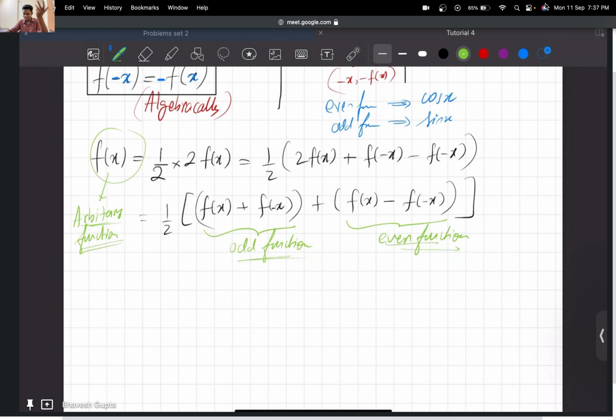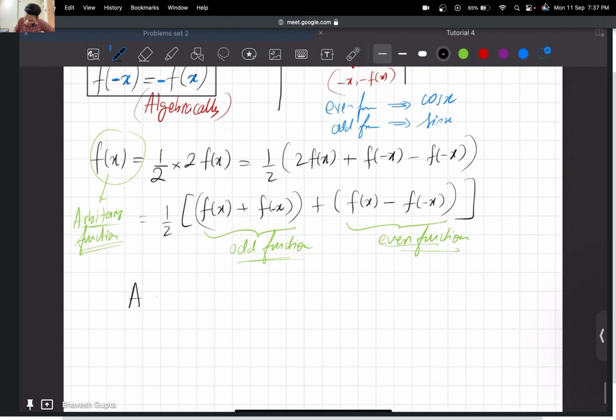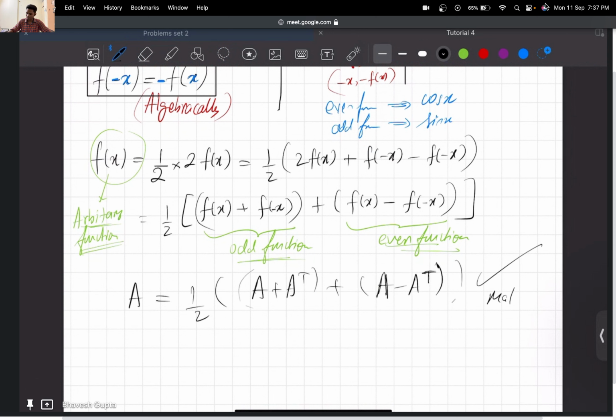Similarly, the exact same thing also holds for matrices as well. Let's say you have a matrix, any general matrix. This matrix can always be written as the sum of symmetric and anti-symmetric parts. Those who know the matrix thing can just relate this out. You can just see it. They just cancel out. So this truth is also for the matrix as well.